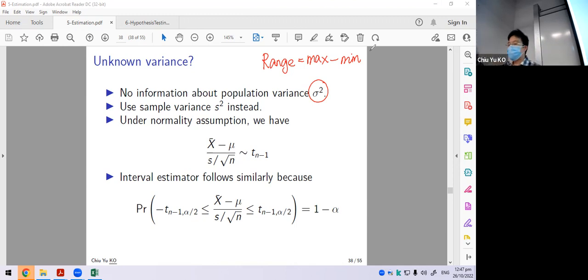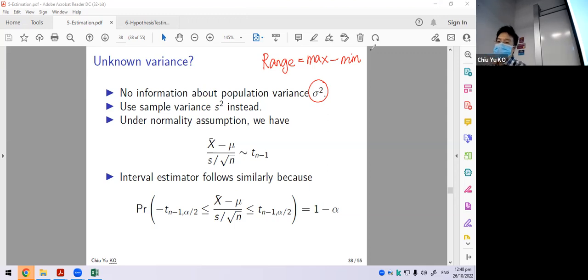Of course, you can learn some inequality that tells you how to reduce the size of the range to get an upper bound of the sigma square. For some data, you pretty much know the range. Suppose you look at the income of your customers, it might be okay to set the range from 10,000 to 1 million.